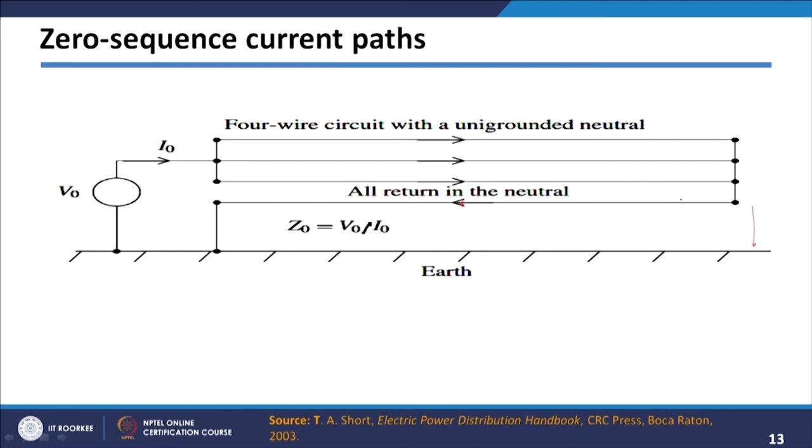So, in that case there will not be earth current, but in the earlier 2 cases there will be some earth current, and because the earth will act as a conductor, it will have mutual impedances with all phase conductors, and calculating those mutual impedances will be a very difficult task. So, we will see how we can consider the effect of current which is flowing to the ground.